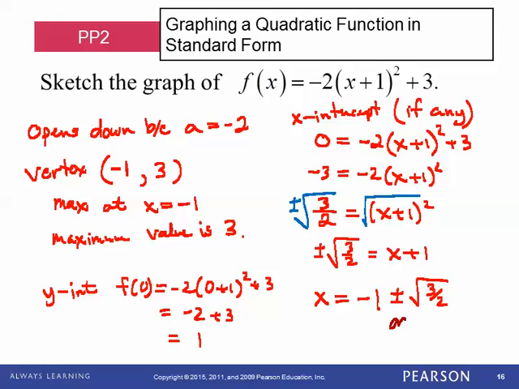So you can write it like this, or you can write it as negative 1 plus or minus the square root of 1.5. And you have to have some sort of idea where that is. So on some of these questions, you may have to use a calculator. Approximate the square root of 1.5. So it'd be negative 1 plus the square root of that, negative 1 minus the square root of that, and figure out where it is on the number line.